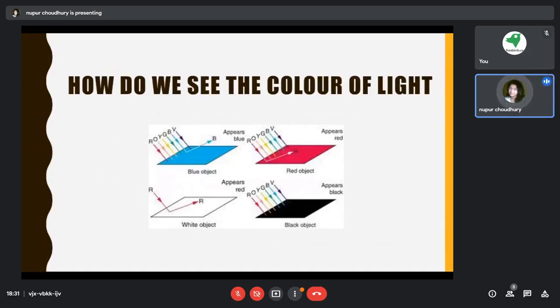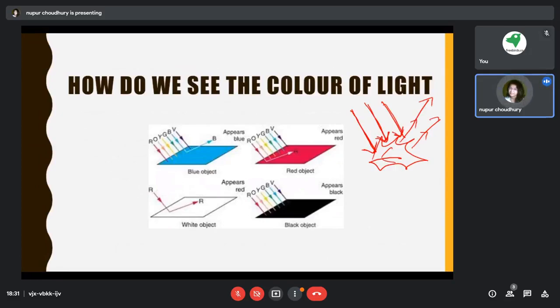Suppose I have a leaf, and whenever light is incident on this leaf, the chlorophyll pigment which is present in the leaf will absorb the other wavelengths of light, and it will be reflecting the green color from the leaf. And that is why you will be observing the green color in the leaves.